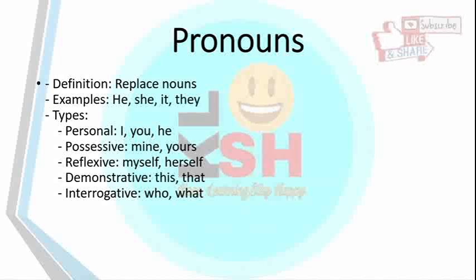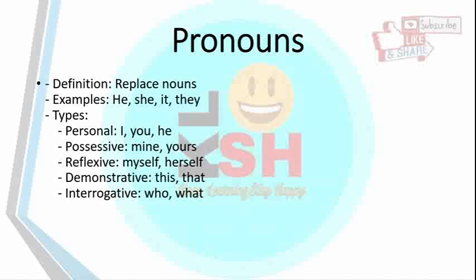Examples are he, she, it, they. Types of pronouns are personal pronoun, possessive pronoun, reflexive pronoun, demonstrative pronoun, interrogative pronoun. Let's learn about examples of these types one by one.